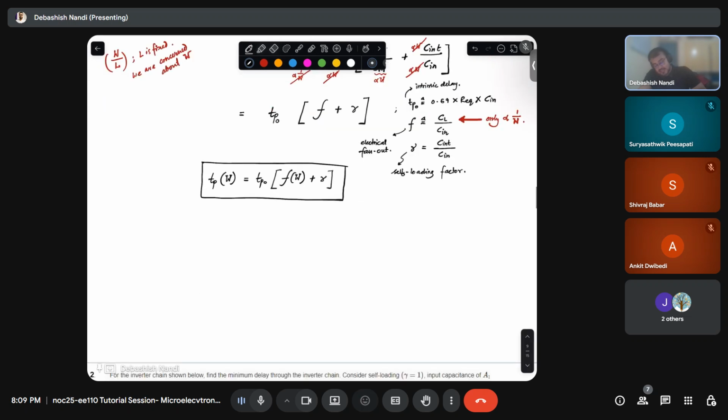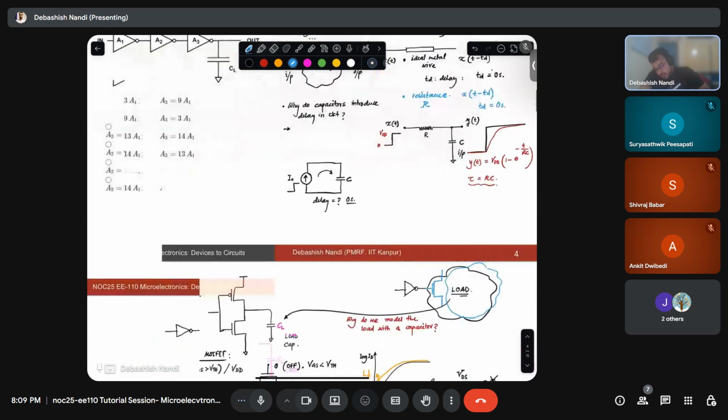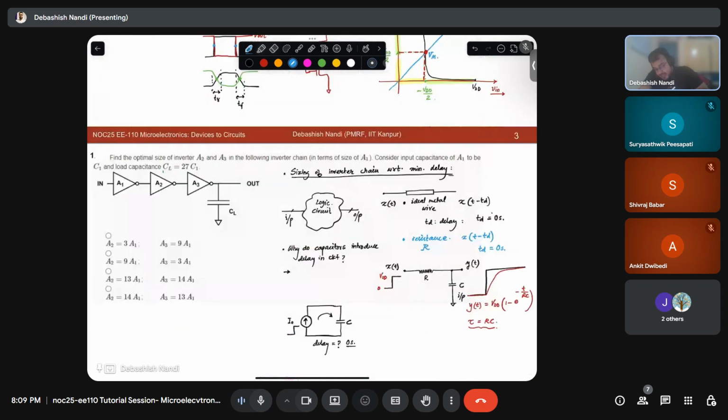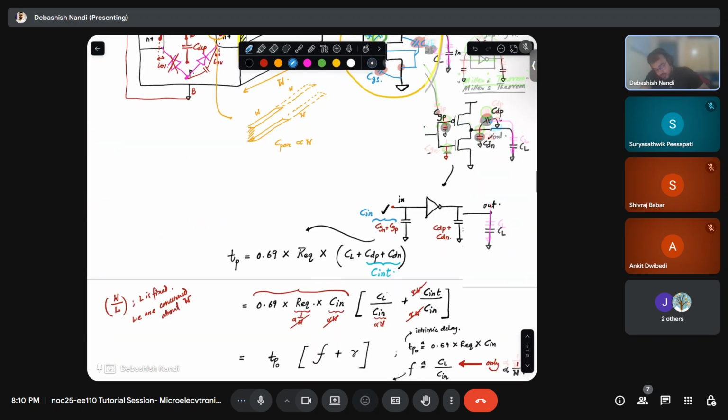In our question, we have this inverter chain, with CL equal to 27 times C1.